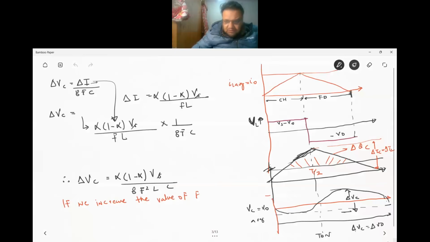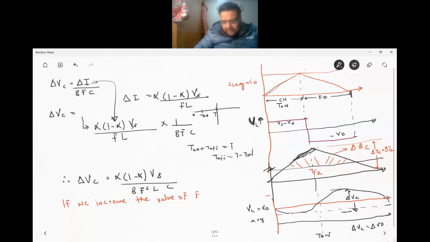So now just notice what happens here. This is your first portion when your T on is there. So the period is moving from 0 to T on, and up to T. So the total period T on plus T off is your T period. So T off is T minus T on.